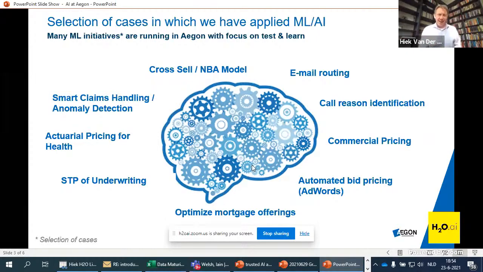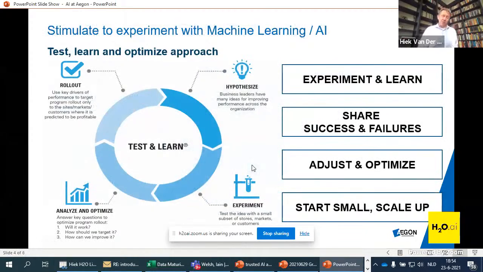It didn't come easy, I must say, because first of all, there's of course some resistance in the organization, but also we have a tendency, well, we are pretty risk averse as an insurance company should be, but it also applies here. In the beginning, there was some skepticism against machine learning and AI. So what I really try to push in the organization is to say, test, learn, and optimize in a very quick way.